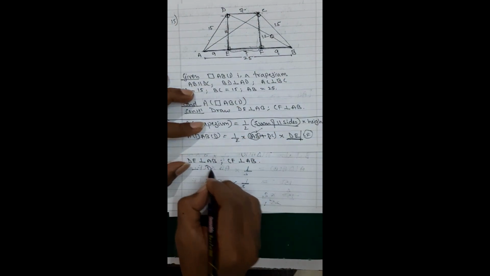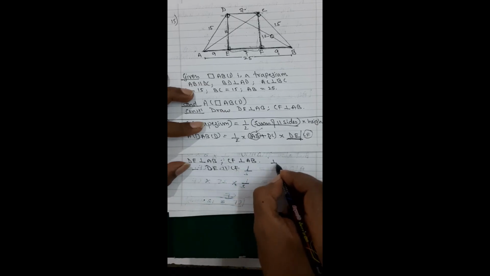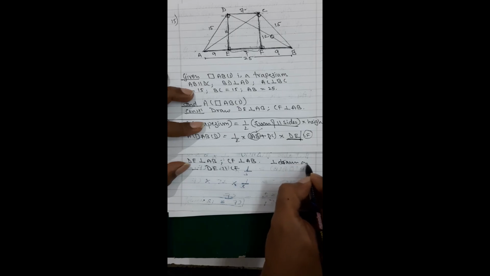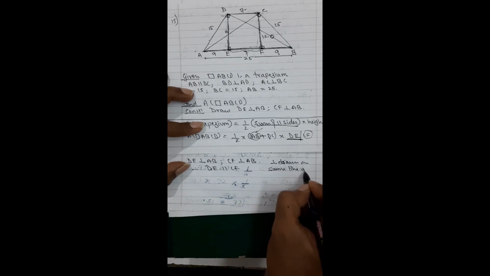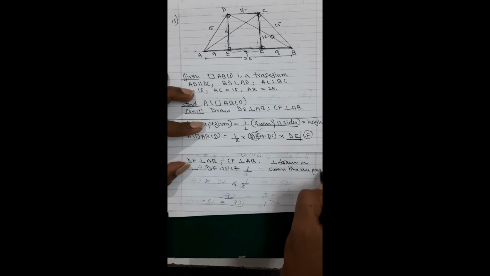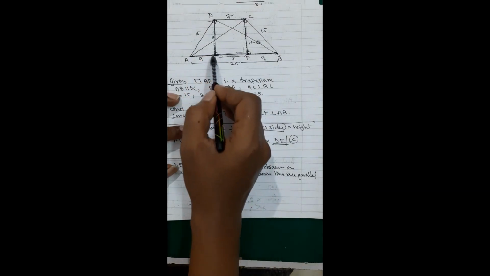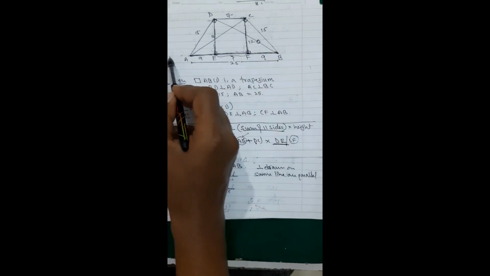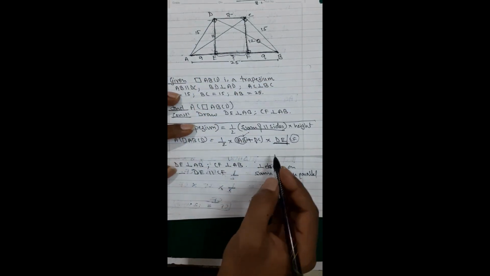Therefore, DE is parallel to CF because perpendiculars drawn on same line are parallel. When you draw perpendiculars on same line, DE is perpendicular on AB, CF also is perpendicular on AB, so both are perpendiculars on same line, so these both have to be parallel to each other. So DE is parallel to CF.